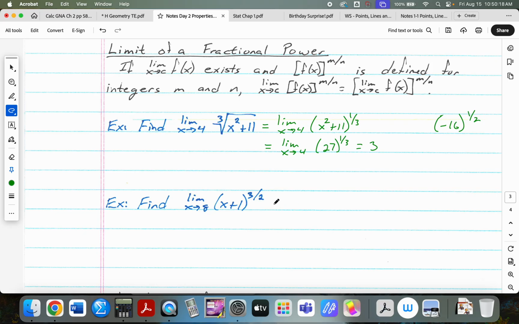So let's take a look at this one. This is just going to be 9 to the 3/2 power. I included this one mostly because sometimes students forget what that means. What does it mean to be raised to the 3/2 power? Yes. Although I always do it the other way.